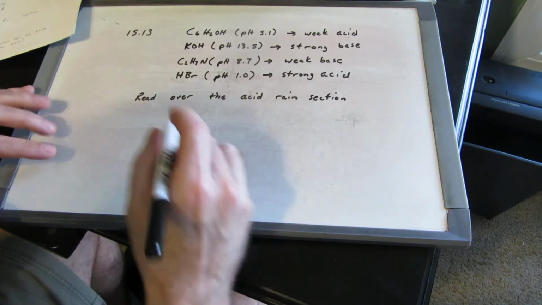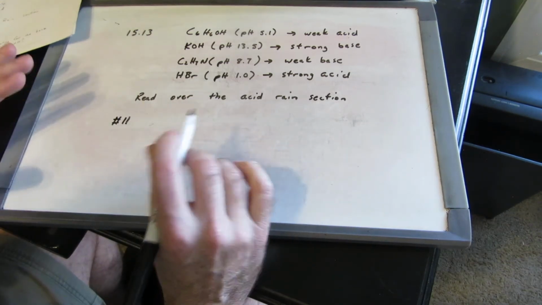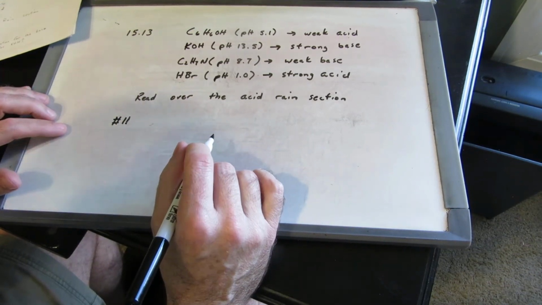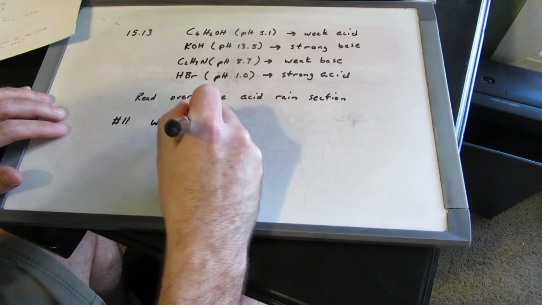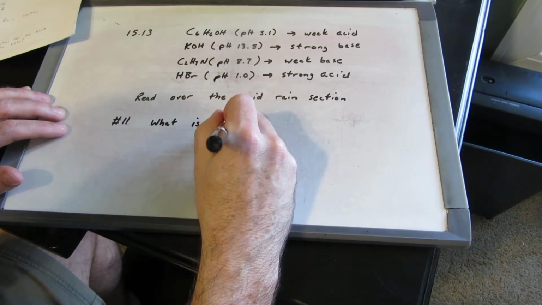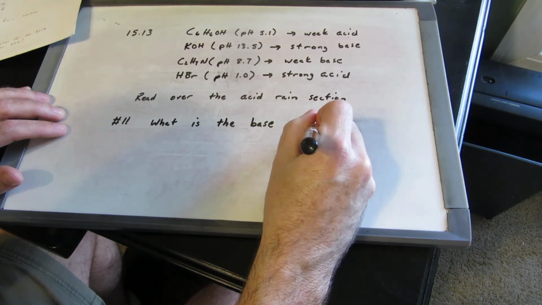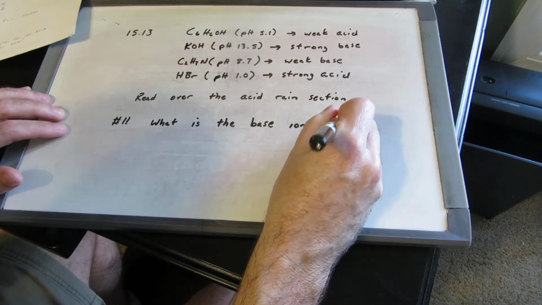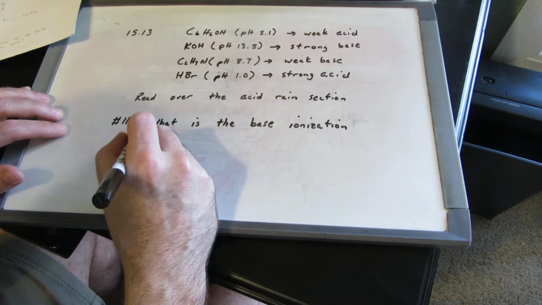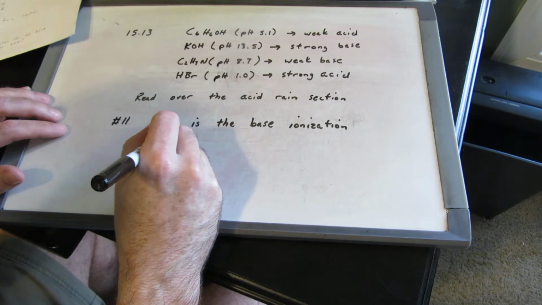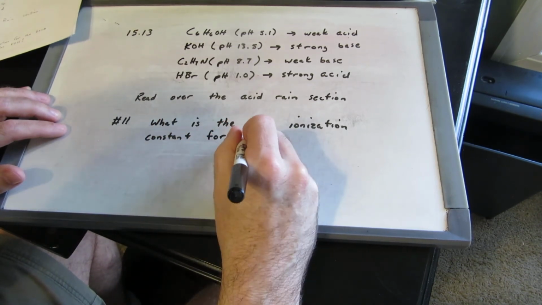And I want to add one practice problem. We'll call it practice problem number 11. It may already be written in your book. But that question is, what is the base ionization constant for KOH?